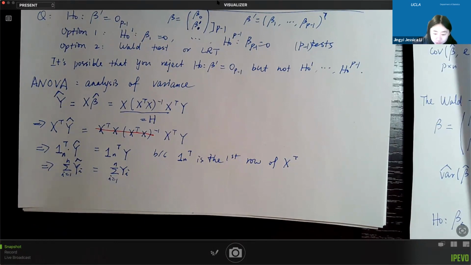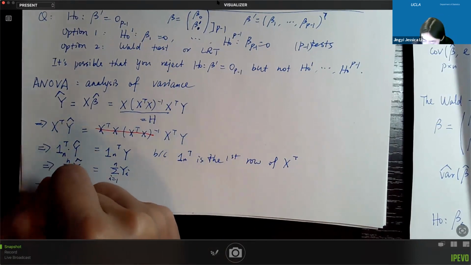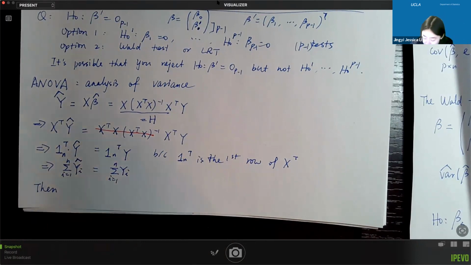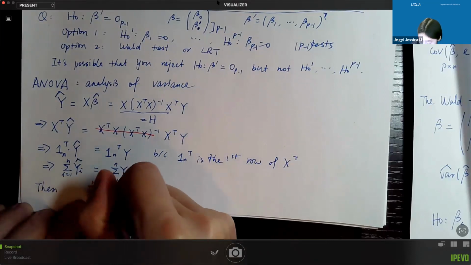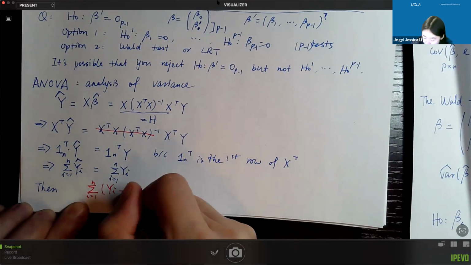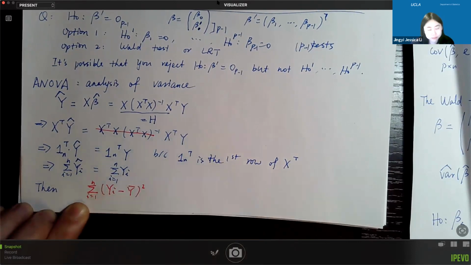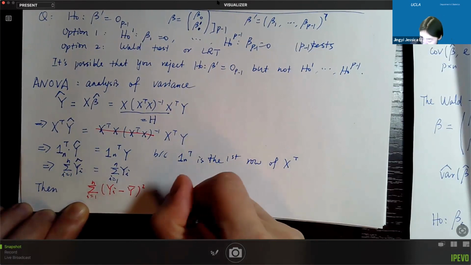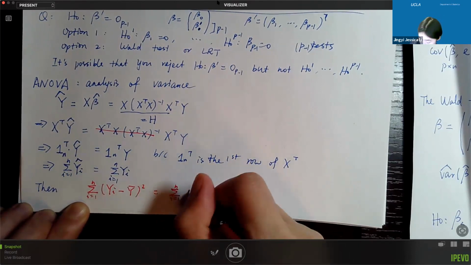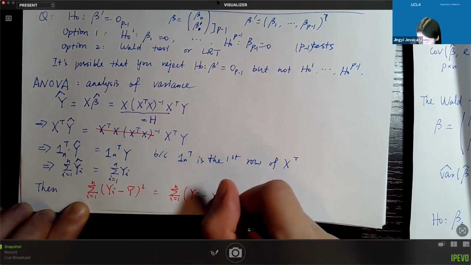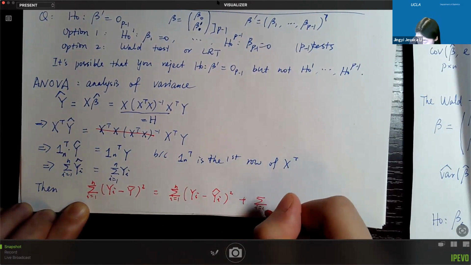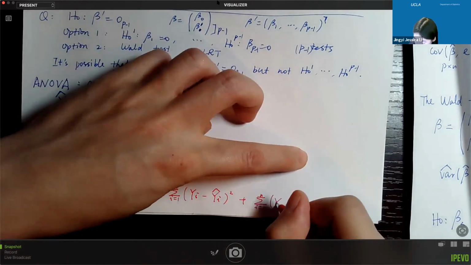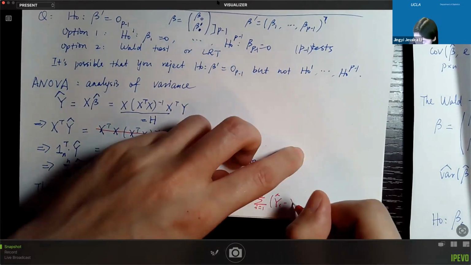Because they share the same mean, I'll write down the important formula for ANOVA. If we take the summation, i from 1 to n, of (y_i minus y bar) squared, we can decompose it into two terms: the summation of (y_i minus y_i hat) squared, plus the summation of (y_i hat minus y bar) squared.